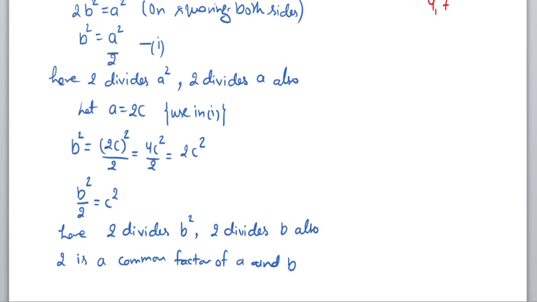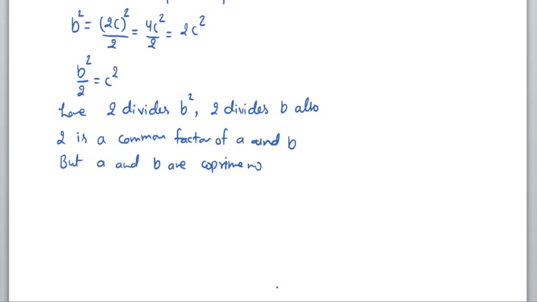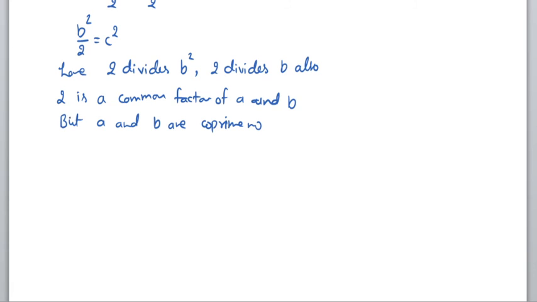But according to our assumption, a and b are co-prime numbers. So this is a contradiction to our assumption.